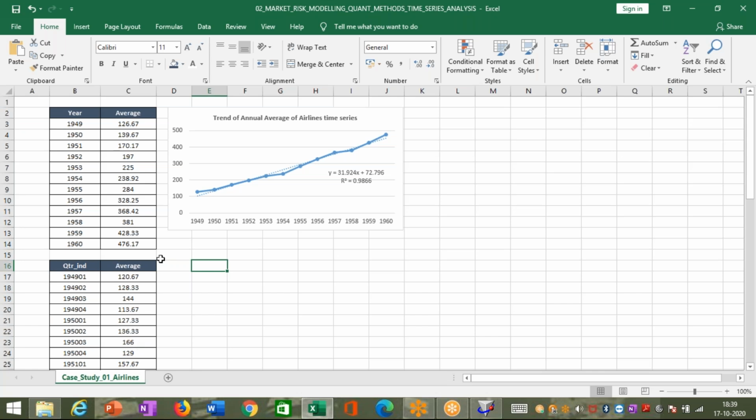So you have this quarterly indicator, the quarter-wise indicator, and you have the average values over here.